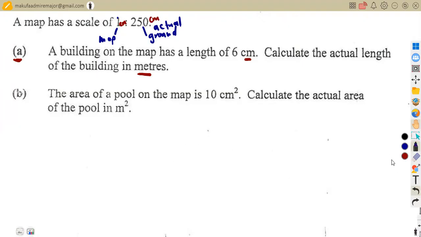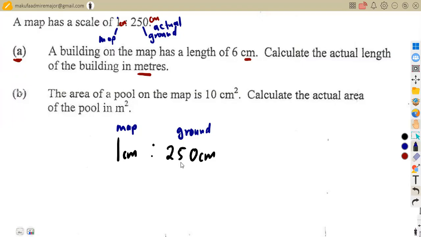If you understand this concept, you are done: 1 centimeter on the map is representing 250 centimeters on the ground. So we can play around with this information to whatever unit that we want to work with, because the 1 centimeter on the map is the one that is telling us what we see on the ground.